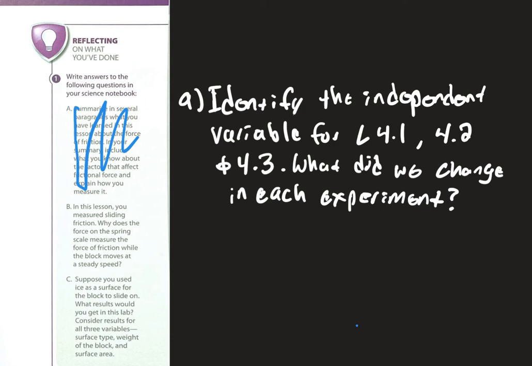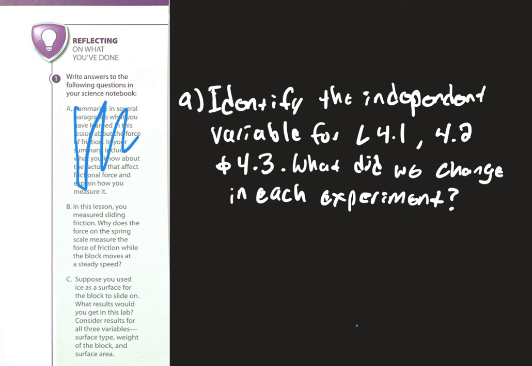Identify the independent variable for lessons 4.1, 4.2, and 4.3. What did we change in each experiment? So you're going to do 4.1, what was the independent variable? 4.2, what was the independent variable? And 4.3, what was the independent variable? Make sure you number those so you don't get them lost. Pause the video, answer the question.